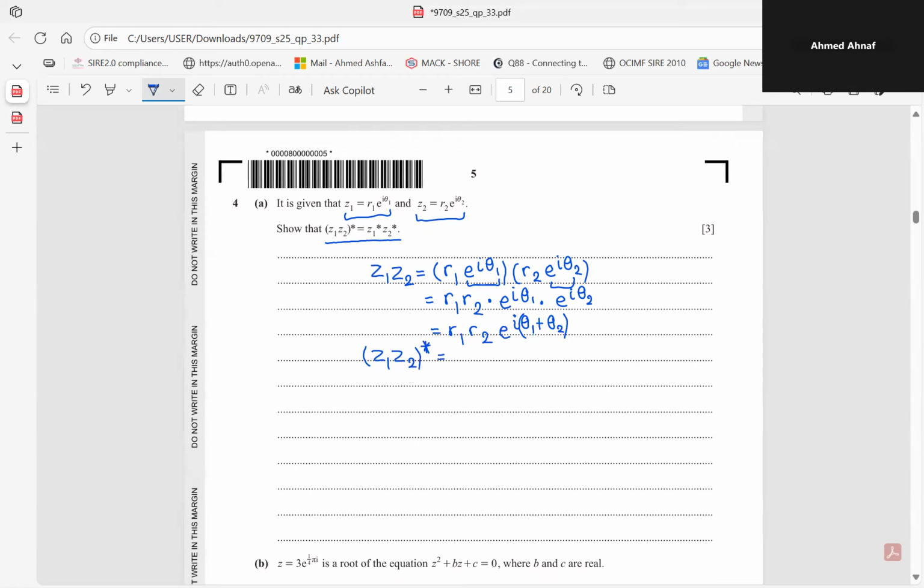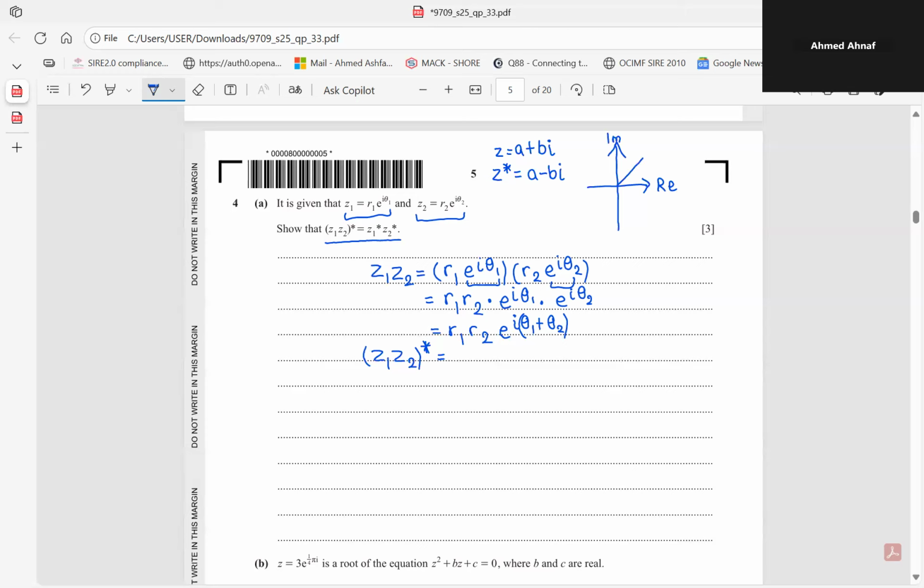So what a conjugate is, let's say we have the complex number a plus bi, let's call it Z. The conjugate would be Z asterisk equals a minus bi. So using this, we can sketch it on our Argand diagram. This is our real axis, this is our imaginary axis.